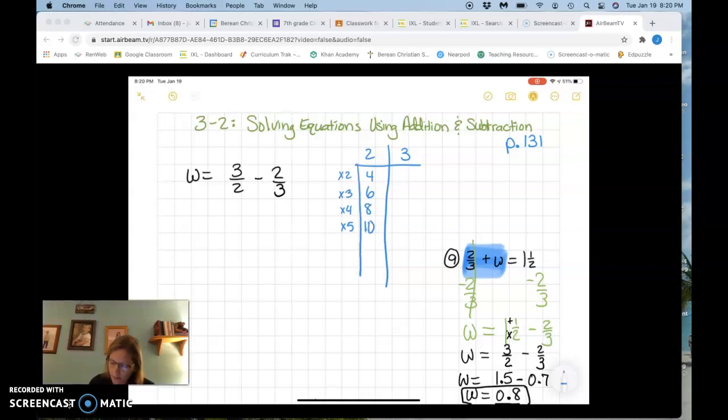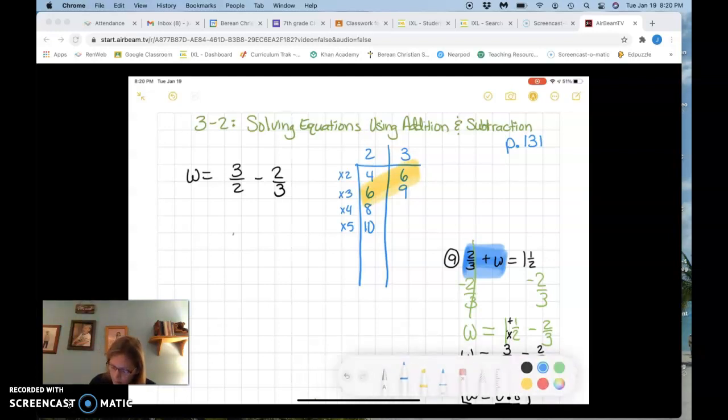I'm going to stop right there, and then I'll do my 3's. 3 times 2 is 6, 3 times 3 is 9. Oh, but wait, I already see a number that they share. I see a 6 in both columns, so that becomes my least common denominator, 6.